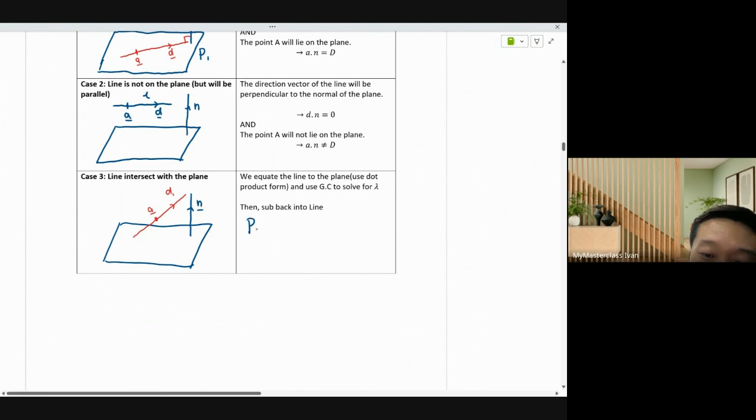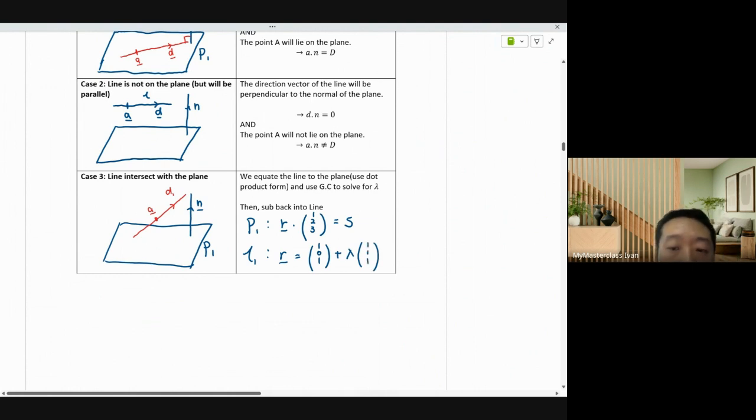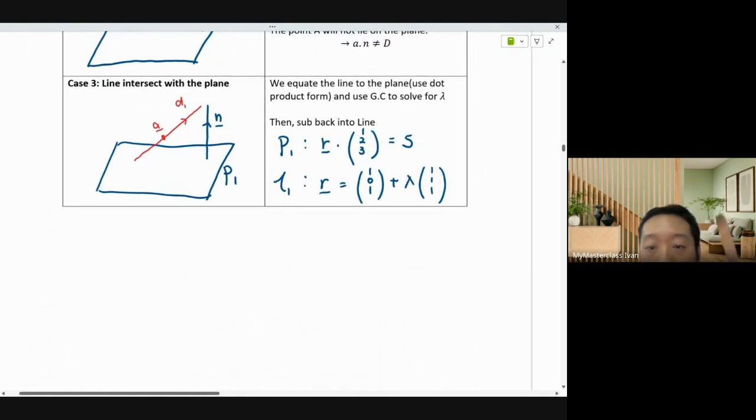So first write down, let's say P1 is R dot (1, 2, 3) equals 5. Then let's say L1 is R equals (1, 0, 1) plus lambda (1, 1, 1).